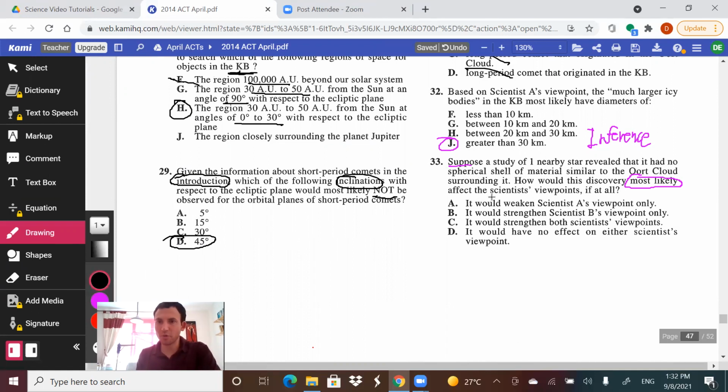How would this discovery most likely affect the scientists' viewpoints, if at all? Okay, so we have a study that revealed that it had no spherical shell of material similar to the Oort cloud. So essentially, it's saying that elsewhere in outer space, these Oort clouds of comets don't really exist.